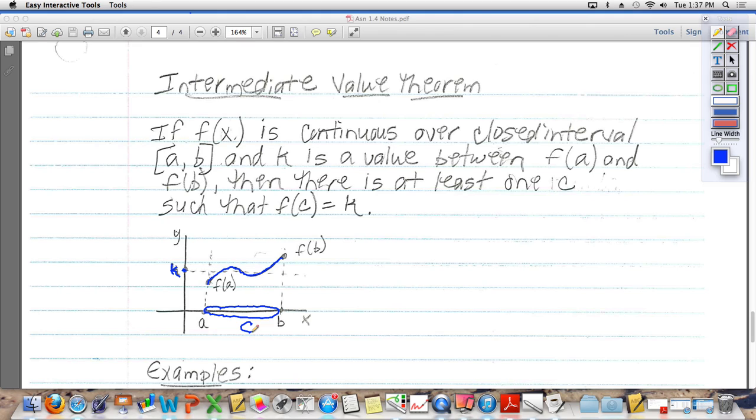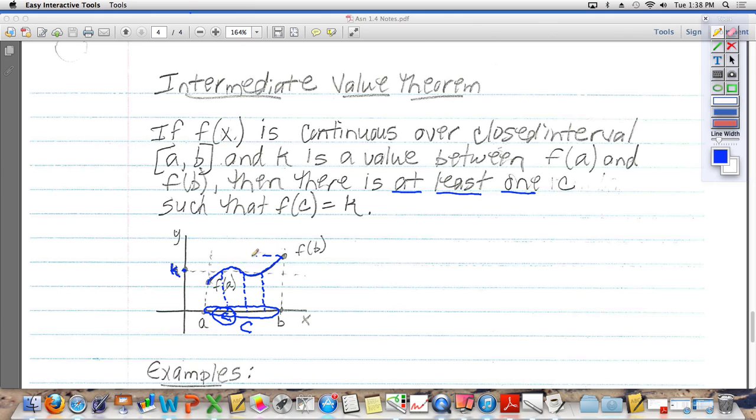So if this is the k value, you read over to the graph, the c value might be right here. f of this c would be k. There happen to be a couple of other places that the c could be also. The c might be here, the c might be here. But it says that there is at least one c value. If we know this is continuous, there's going to be a c in between a and b so that it has some value of k that is between f of a and f of b.